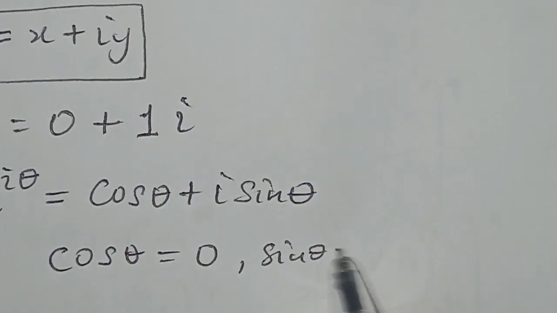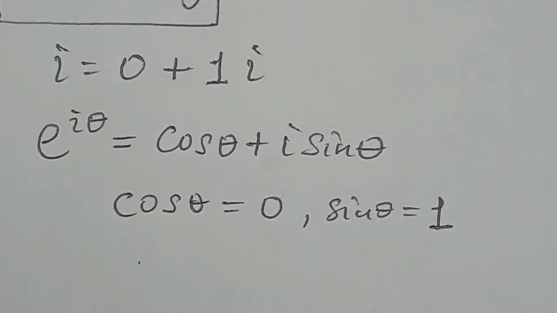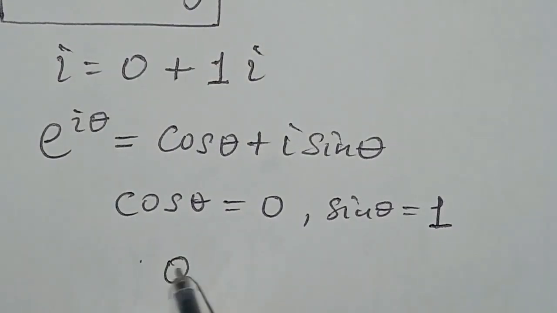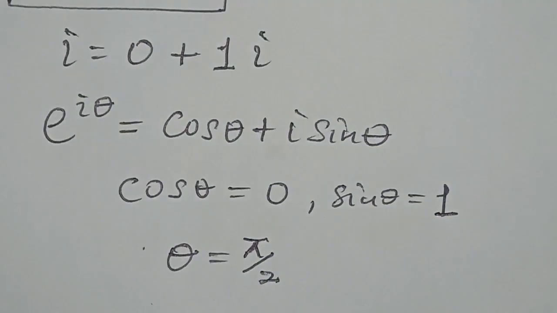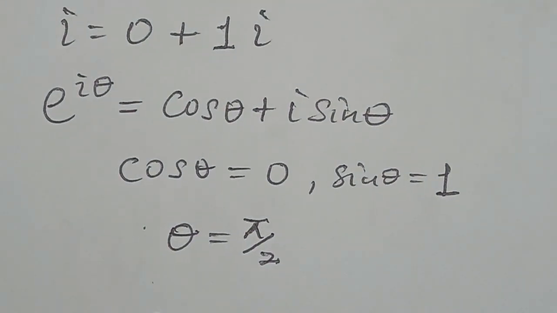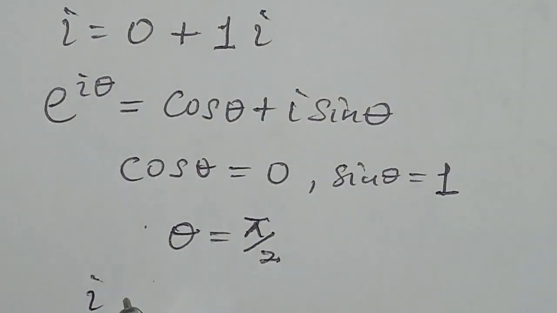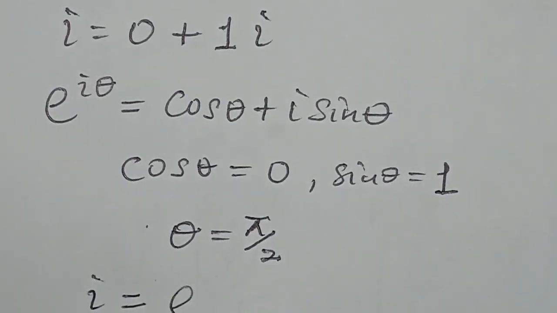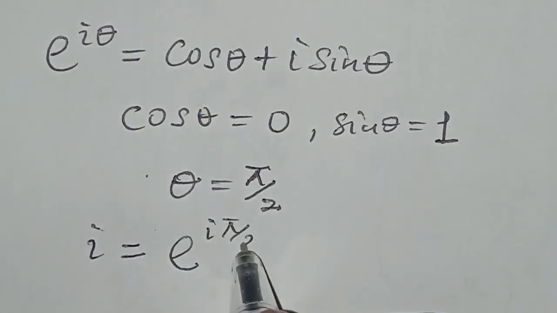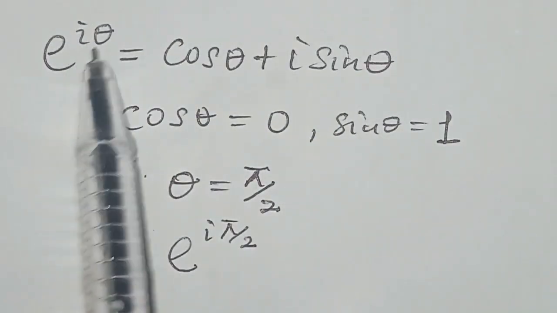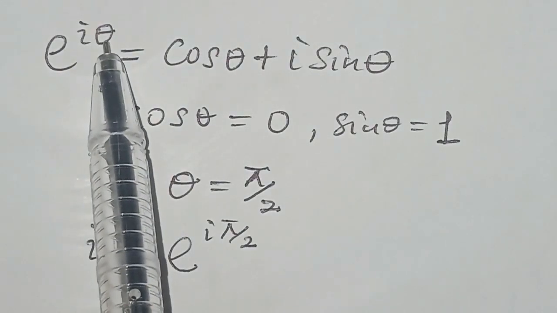Sin theta will be equal to 1. These two values occur when theta is equal to pi over 2. So it means that if we go back to our i, it can now be replaced with e to the power of i pi over 2, because earlier we were given that to be e to the power of i theta.